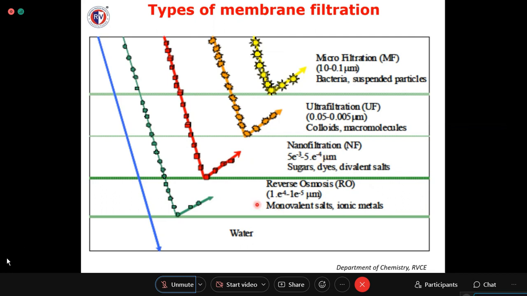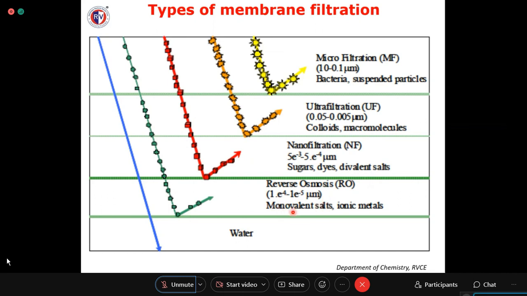Okay, and coming to the last type, that is reverse osmosis. Here you can filter the particles of the size 1 into 10 to the power of minus 4 to 1 into 10 to the power of minus 5 micrometer. Right, very small particles you can filter here.